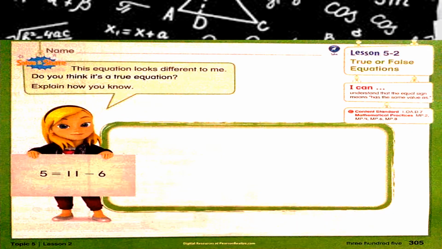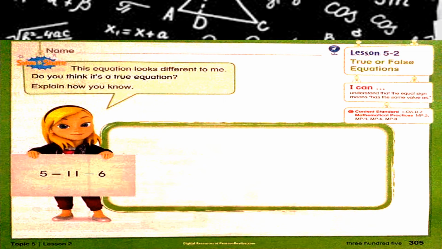Please open page 305 and read with me. This equation looks different to me. Do you think it's a true equation? Explain how you know. 5 equals 11 minus 6. Now, what do you know about this equation? Correct.